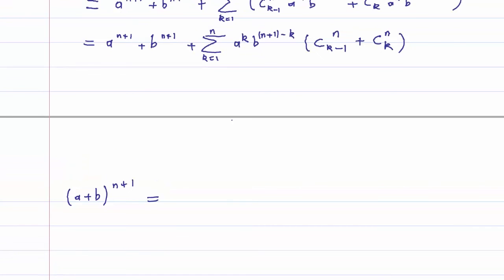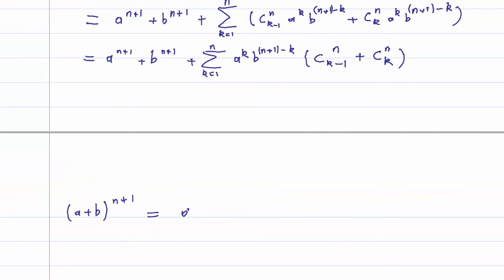Let me rewrite this. So we were at (a plus b)^(n plus 1) equals a^(n plus 1) plus b^(n plus 1) plus the sum of C(k, n) plus C(k minus 1, n) times a^k b^(n plus 1 minus k).